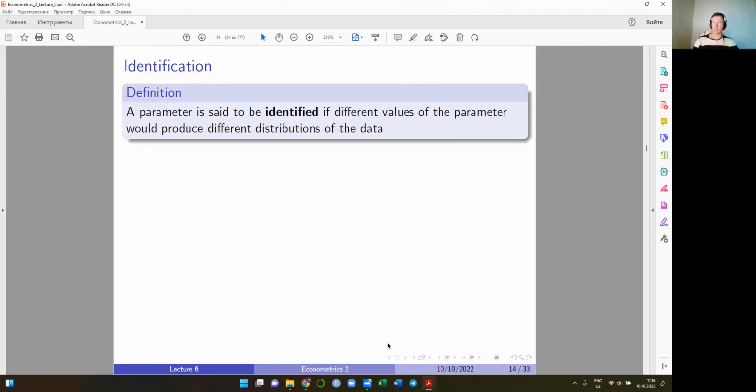Remember the method of maximum likelihood. We are trying to derive such a value of a parameter estimate that maximizes the probability to observe exactly this sample. Now think about the idea when the same data might be produced by two different parameters and both of them have the same likelihood. You will not have a choice which parameter value produces this data. So the parameter is not identified.